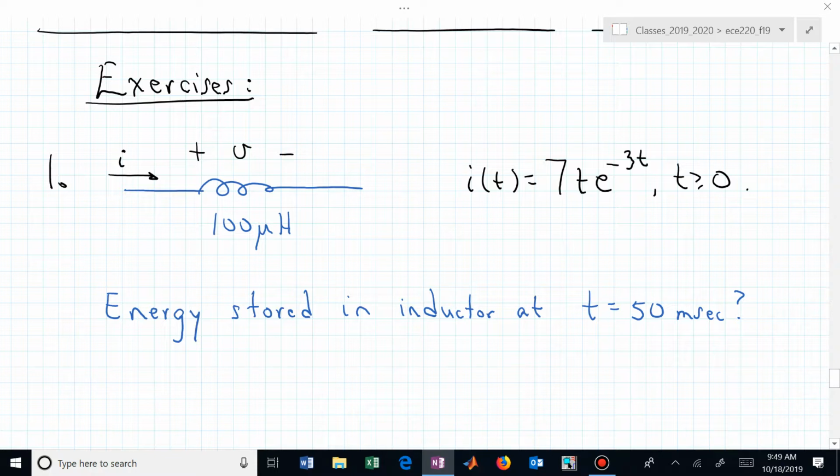Are we going up? Are we going down? I want you to be comfortable with what that is waveform shape-wise. Here it's t e to the minus 3t, and it's scaled by 7.